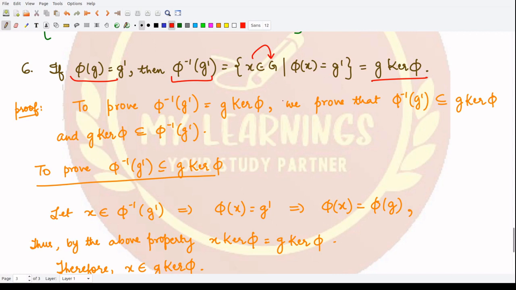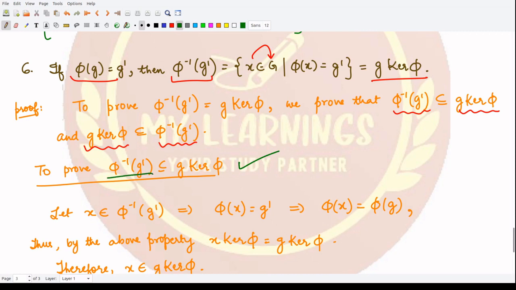Okay, so now in order to prove that phi inverse G dash is equal to G kernel phi, we will prove the two inclusions. First of all, that phi inverse G dash is contained in G kernel phi, and G kernel phi is contained in phi inverse G dash.